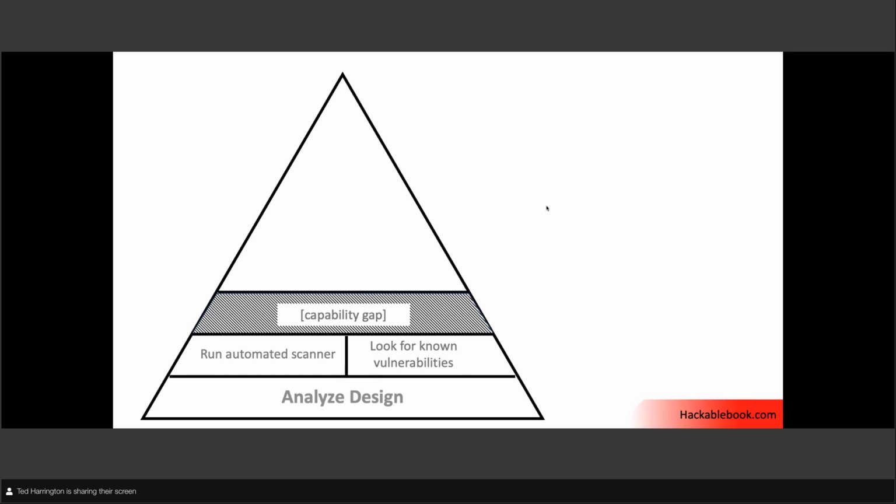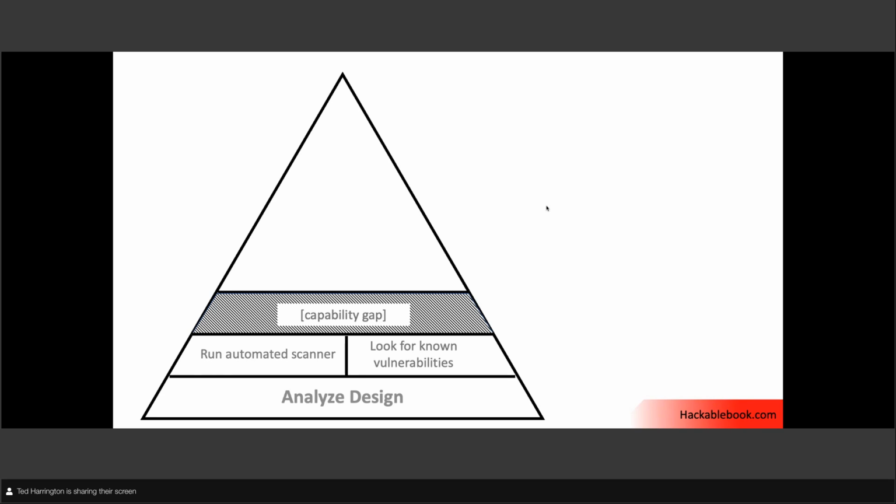And as we get into the higher order items, you're going to need elements that are heavily manual, that rely on experience and expertise. And certain individuals and certain tools just can't get there.